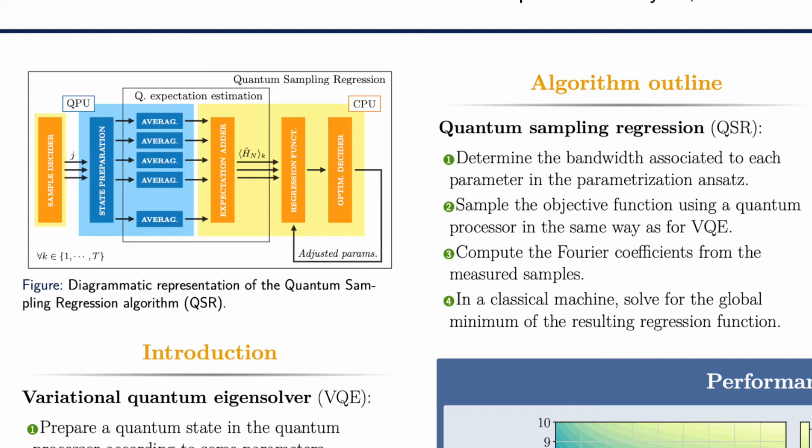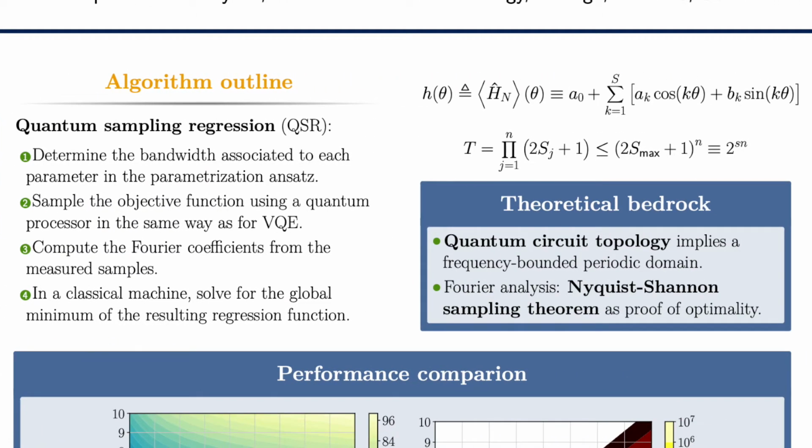Thanks to this, it can then request all necessary samples to the quantum processor in just one go. Next, it uses those samples to reconstruct the expectation value function classically as a trigonometric series. And finally, it performs optimization on this newly created regression function.